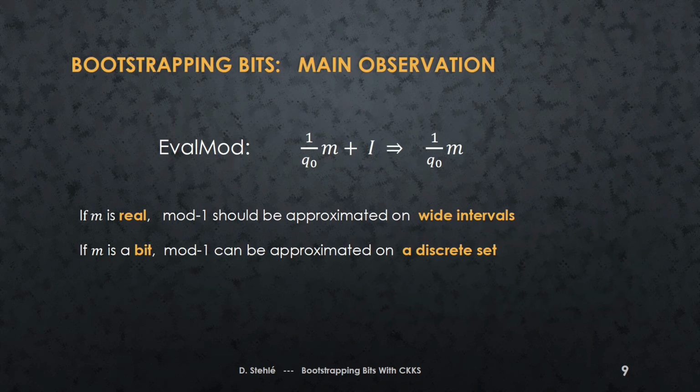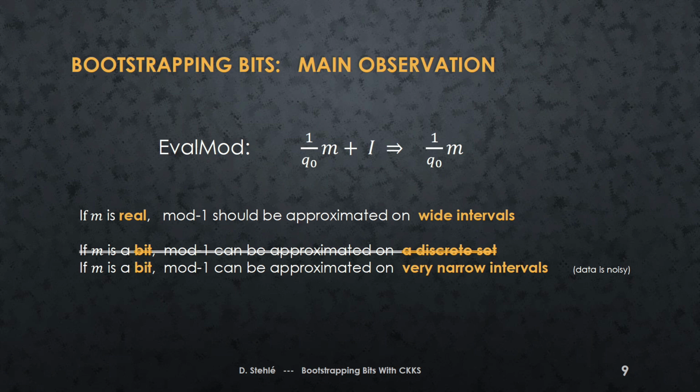Okay, so here is the main observation. In EvalMod, you are trying to map 1 over q0 times (m plus q0·I) to 1 over q0 times m. If m is an arbitrary real number, mod 1 should be approximated on fairly wide intervals, whereas if m is a bit, mod 1 can be approximated on a discrete set, because you know that m is either 0 or 1.